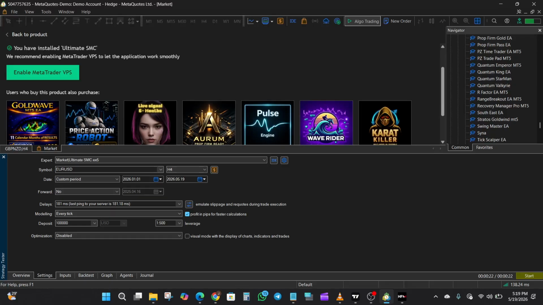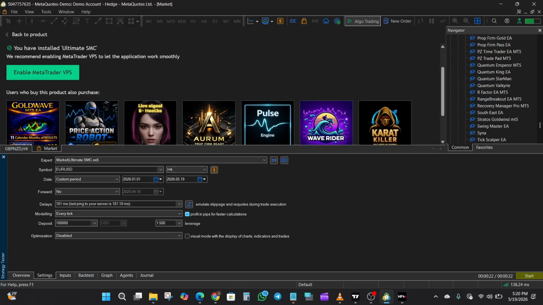Now, as always, with historical backtest results, it is important to understand that performance can vary depending on risk settings, lot size, broker execution, spreads, slippage, and overall market conditions. Okay, so like I already said, I'll still recommend running longer term testing yourself as well, so that you can get a more complete understanding of how the EA behaves across different market phases.